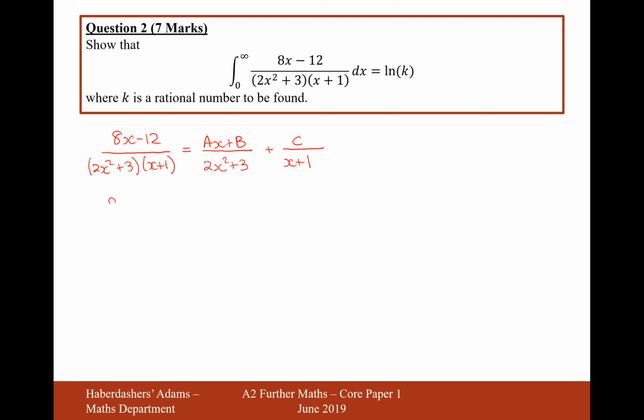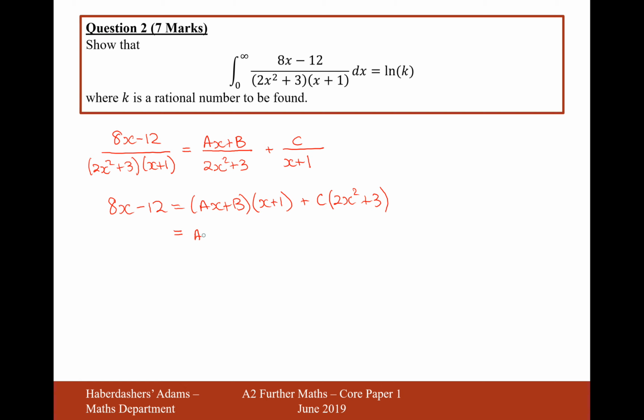Let's now multiply by both brackets, so it'll be 8x minus 12 equals ax plus b bracket x plus 1, and then plus c lots of 2x squared plus 3. Okay, let's just expand the brackets on the right hand side.